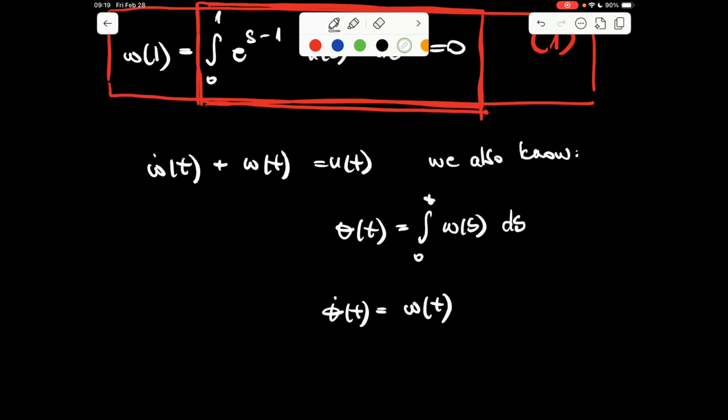So the time differential of theta is simply omega(t).